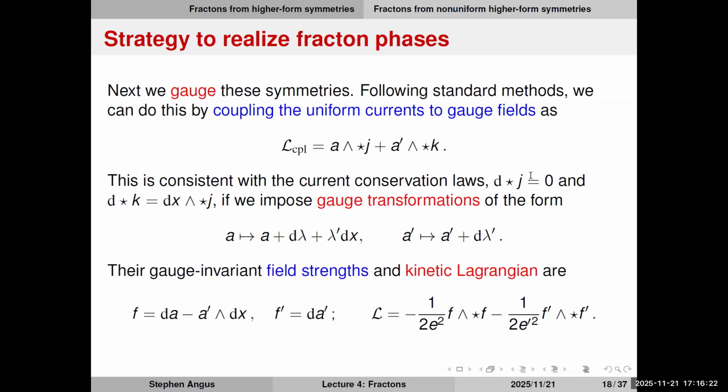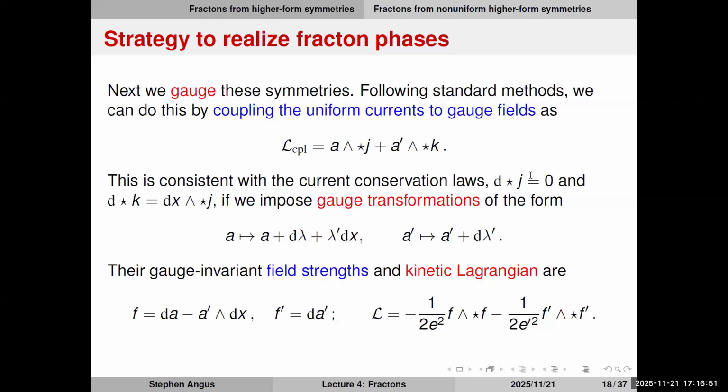And from these, in turn, we can construct gauge invariant field strengths. Since we have this non-trivial transformation, our field strength for this A field is not just dA, but we also have to subtract another term to cancel this gauge transformation. Then this little f is gauge invariant, and f prime, which is dA prime, is already gauge invariant.